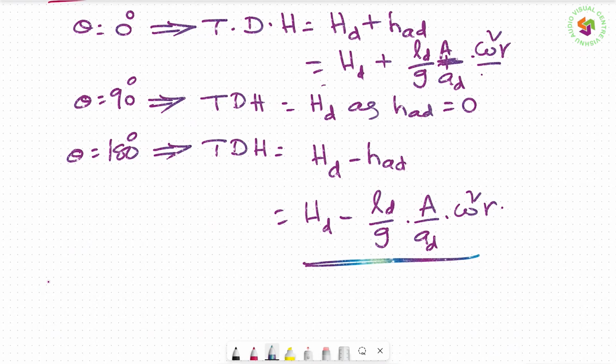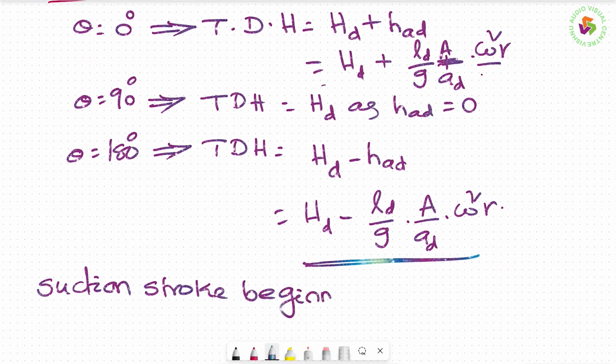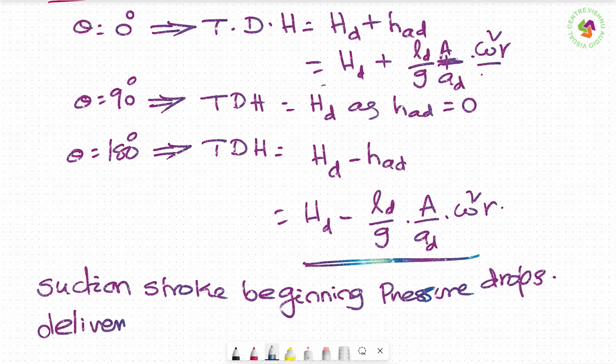So for the suction stroke, at the beginning pressure drops, whereas for the delivery stroke, at the ending pressure drops.